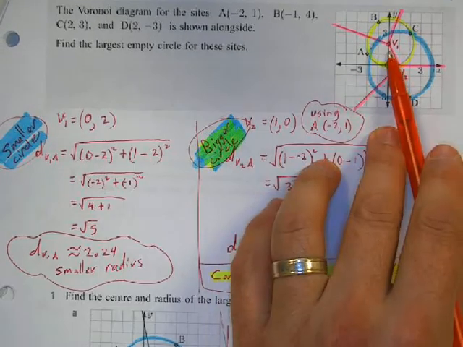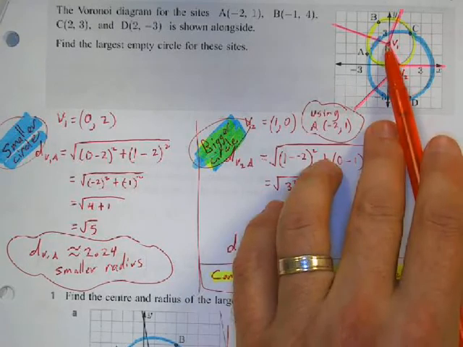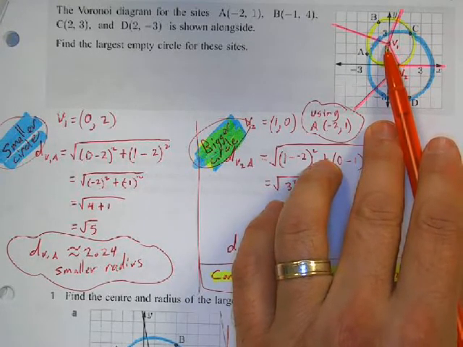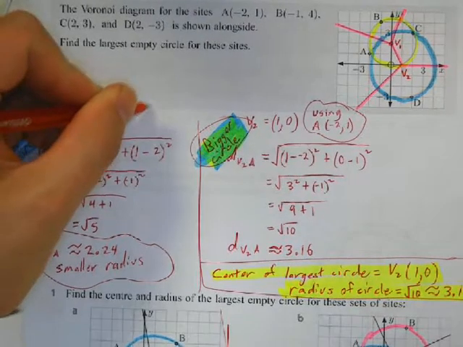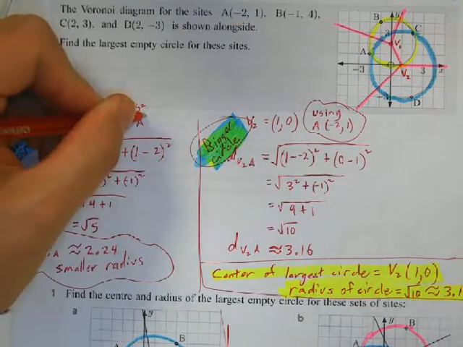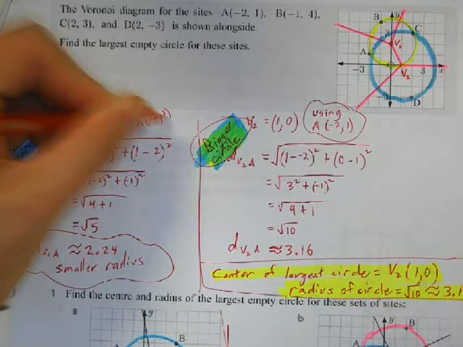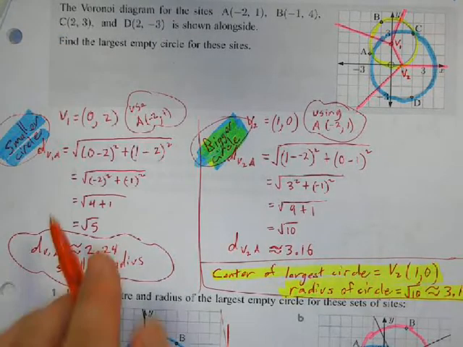And I can take another point, which let's just say I take point A. Using point A is -2, 1. I can use the distance formula.